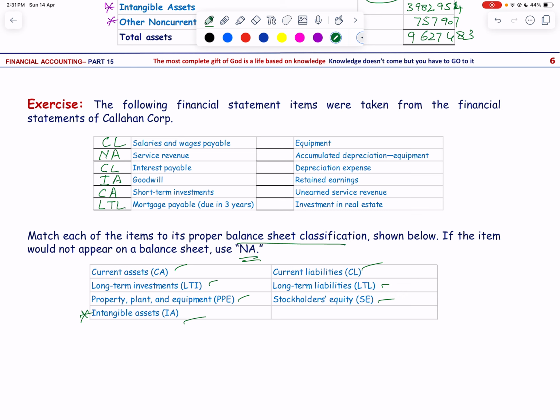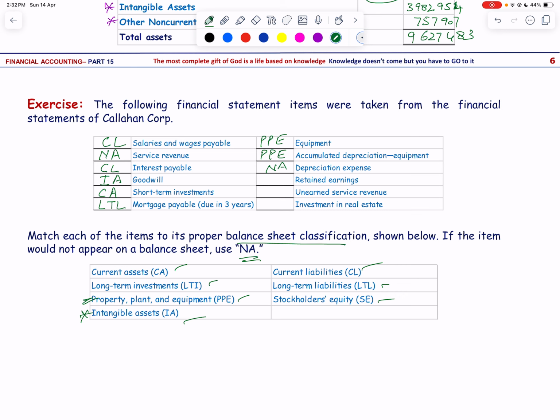Investment in equipment is a long-term investment. Equipment is property, plant and equipment. Accumulated depreciation is also for property, plant and equipment, but definitely this is going to be subtracted. Depreciation expense is not applicable. This is for the income statement.